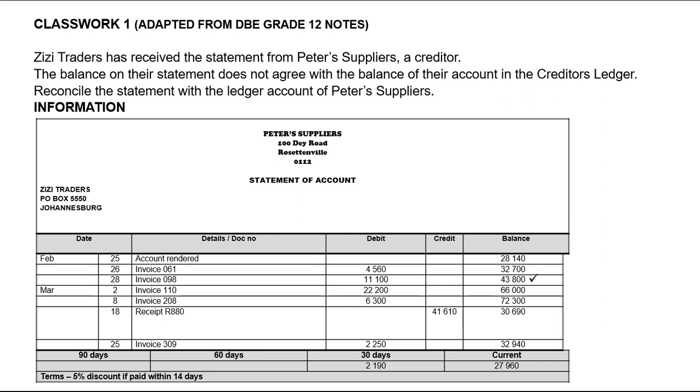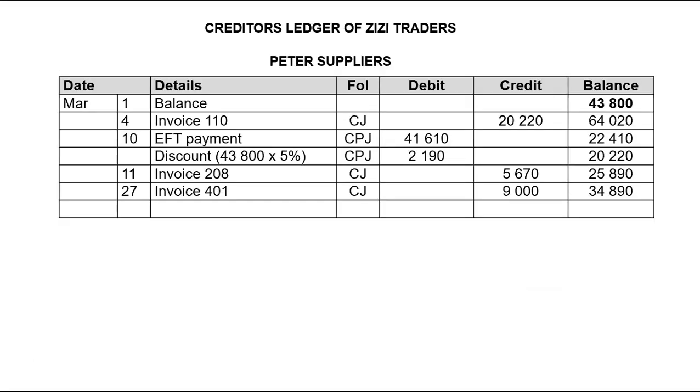Okay. It says there I bought goods worth 22,200 on the 2nd of March. When I check this side, I don't have it. The only purchase I've got, note that Peter Suppliers is a creditor because we're buying on credit from them. Peter Suppliers, we bought for 20,220, and they say we bought for how much on their side?